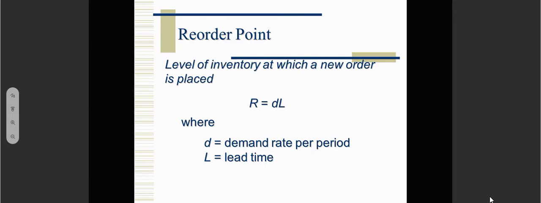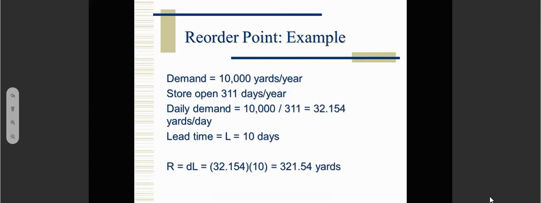Okay, for the reorder point level, to find when to place the replenishment order, we need to know data about the average demand, demand per day or demand per week or demand per month, and also we need to know the length of the lead time.